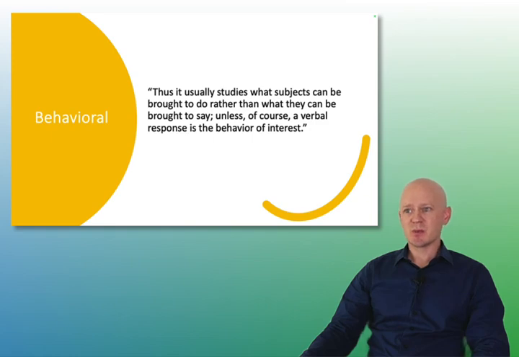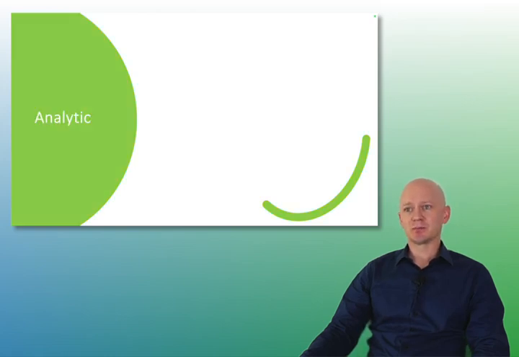So a participant's or a client's verbal description of their own behavior usually wouldn't be accepted as a measure within applied behavior analysis, unless we're more interested in changing how people talk about things, which typically isn't what we do. But the relevant question here is not what someone can be brought to say, but what someone can be brought to do. So again, the behavioral dimension is we're more interested in what people can do as opposed to what they can say about what they do.